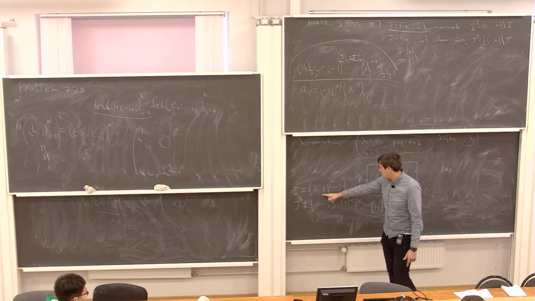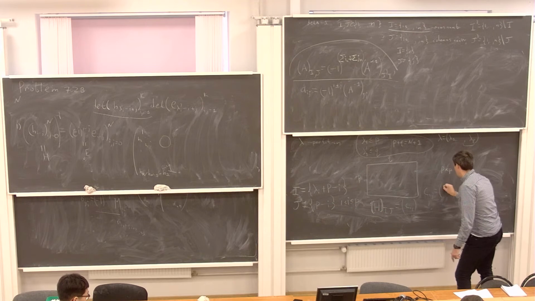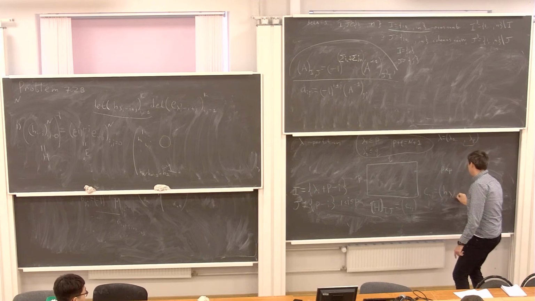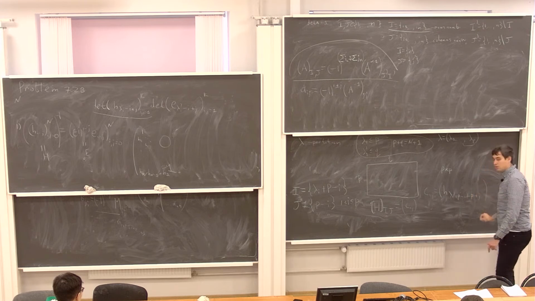Just H with this minus this, right? So it's like H lambda_i plus P minus i minus P plus j, right?